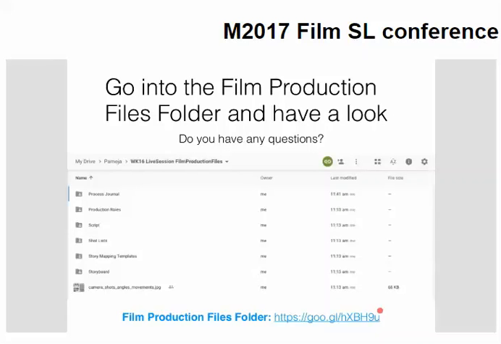Are there any questions about those film files? Do you want to take a moment right now and have a quick look to see if you can see the files? Please go ahead, have a look, and then ask me any questions that you have about what's there.